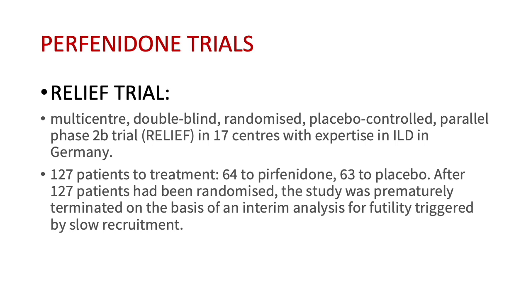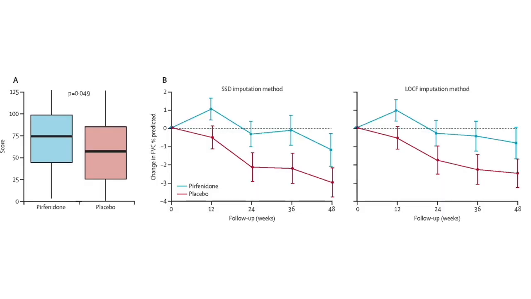You look at this trial, and it included 127 patients, 1-to-1 division into pirfenidone group and placebo group. And although it was prematurely stopped, the results were still encouraging. You still see an improvement in scores with pirfenidone group. You see a lesser number of exacerbations.